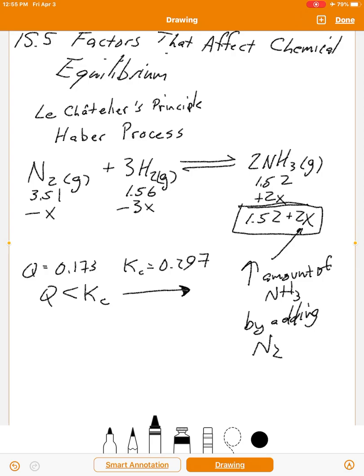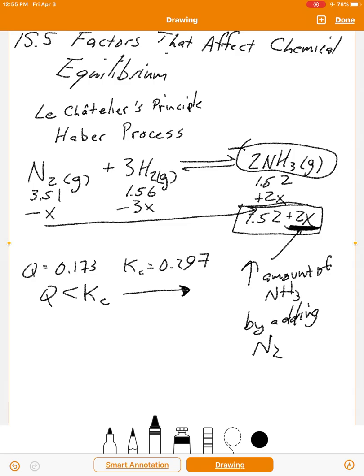And the result of that is the system adjusts through the ice table in order to produce more of the product at the expense of both reactants, so they'll both go down, and you get more of the product. So this gives us an essential technique for producing more material on the product side if the system is undergoing chemical equilibrium. We add more of the reactants, we pump it up, increase the amount of the reactants, and that will result in an increase in the amount of products.